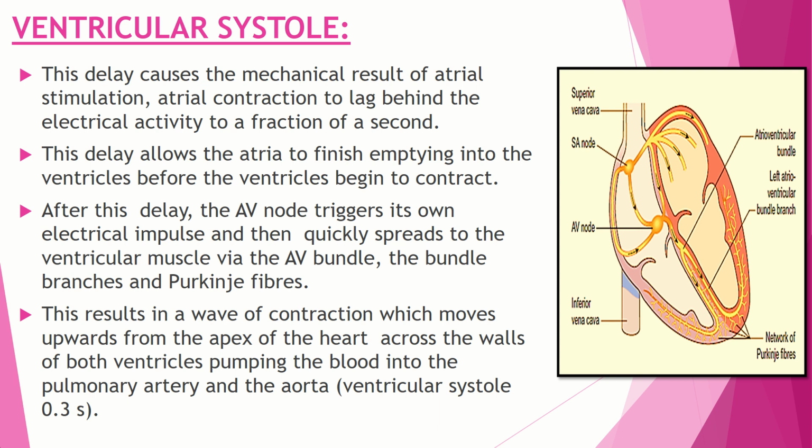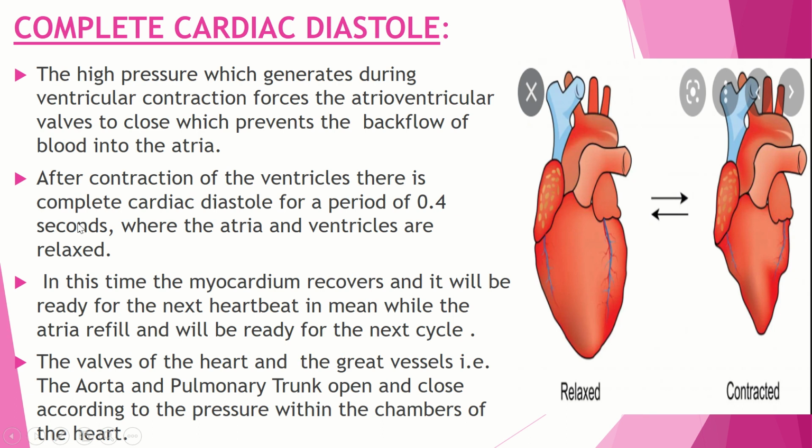The next one is the complete cardiac diastole. The high pressure generated during the ventricular contraction forces the atrioventricular valves to close, which prevents the backflow of the blood into the atria.